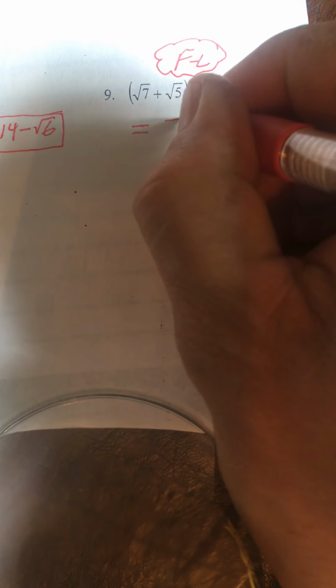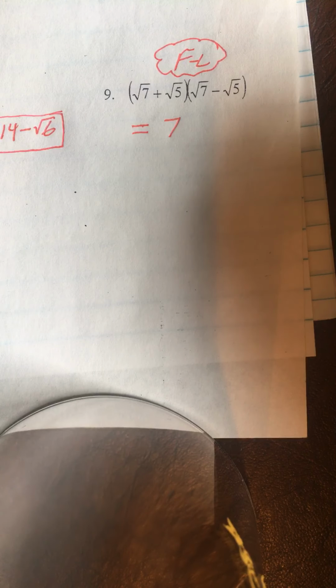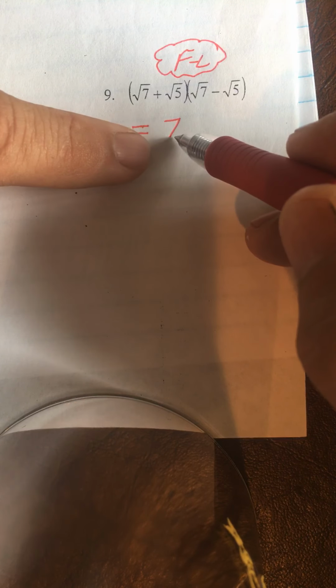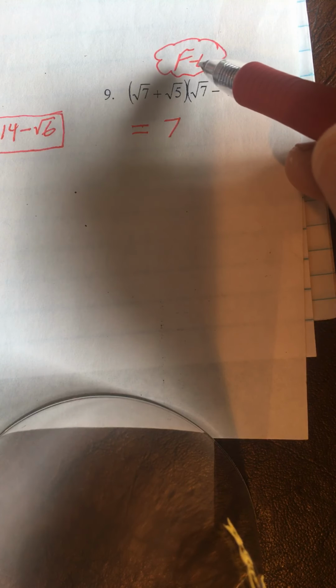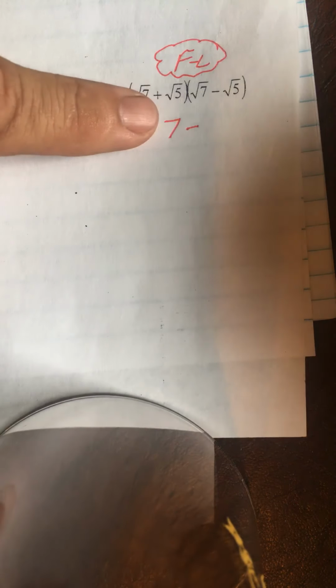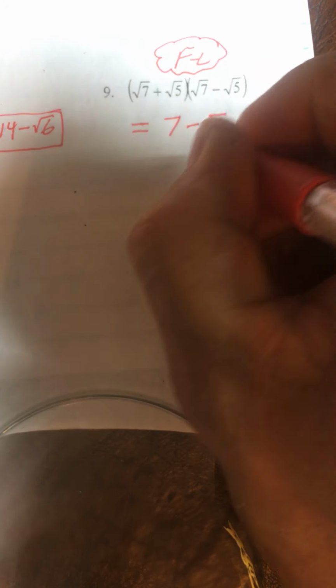Root 49 is 7, and maybe you see a shortcut there, which is if you multiply two radicals and the radicands are the same, your answer is the radicand without the radical. All right, the outside and the inside would cancel, that's why we just have FL. And then a positive times a negative would be a negative root 5 times root 5, again using the shortcut, which is 5. And 7 minus 5 is 2.